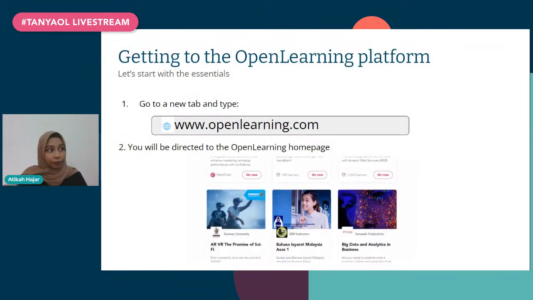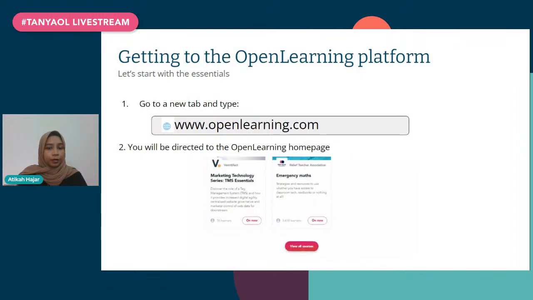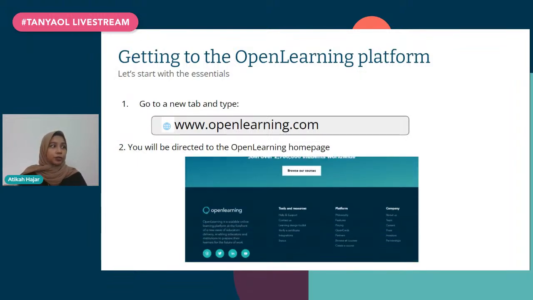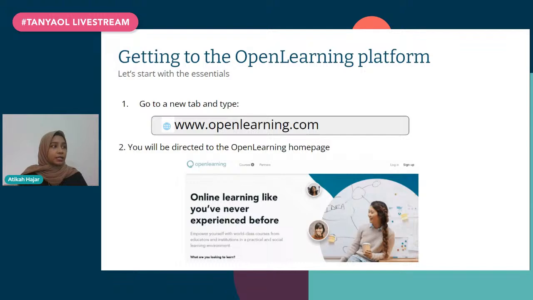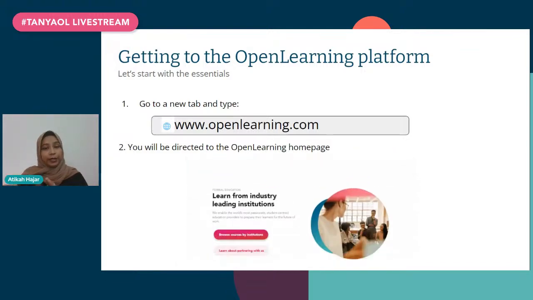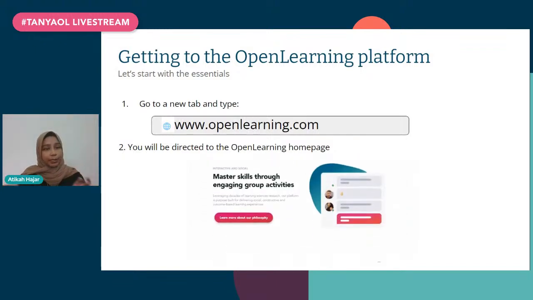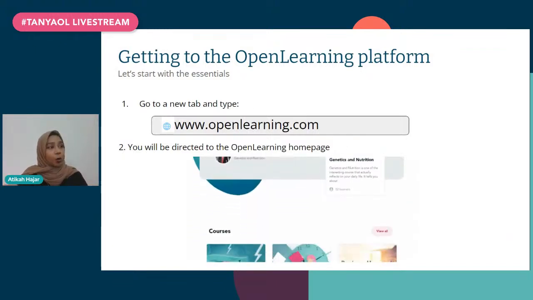Some are free and some you have to pay to join. Some courses are free to join, but you have to pay in order to certify. You can look through all of these courses on the marketplace on the OpenLearning homepage.